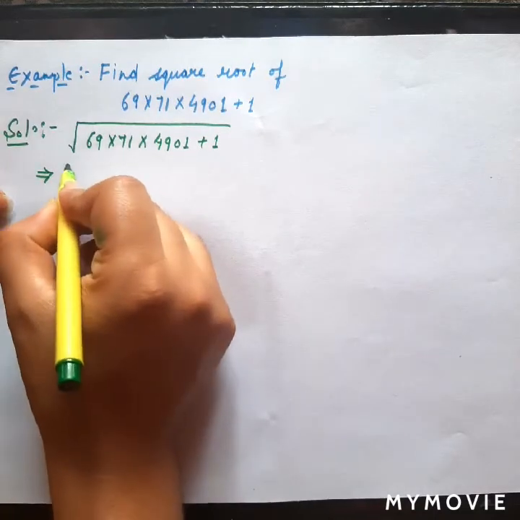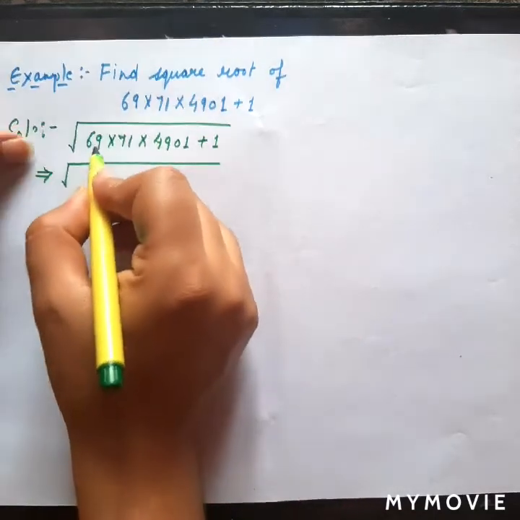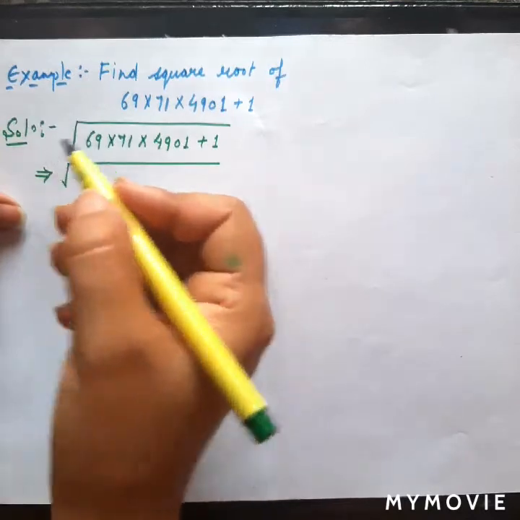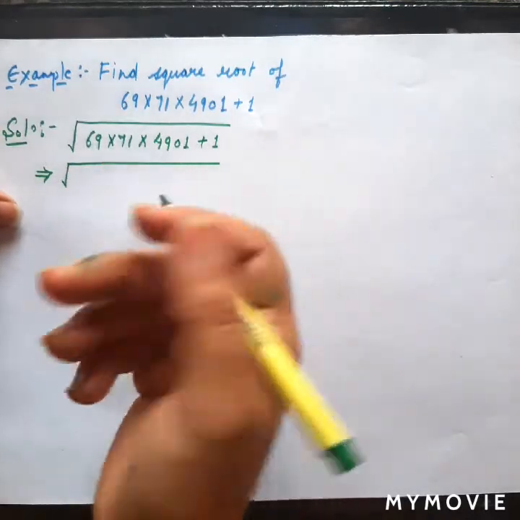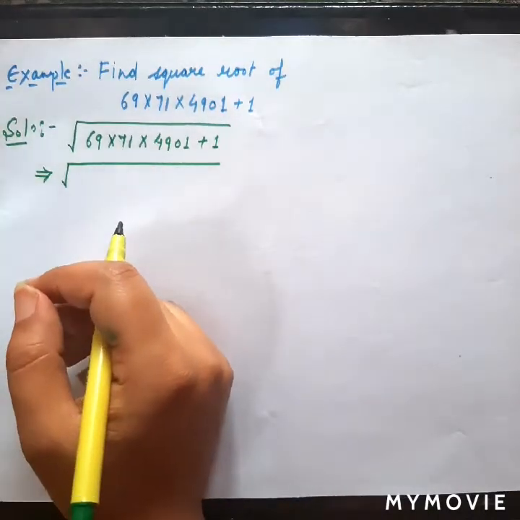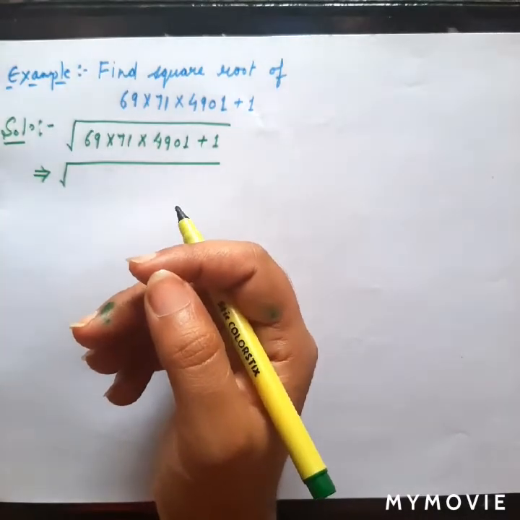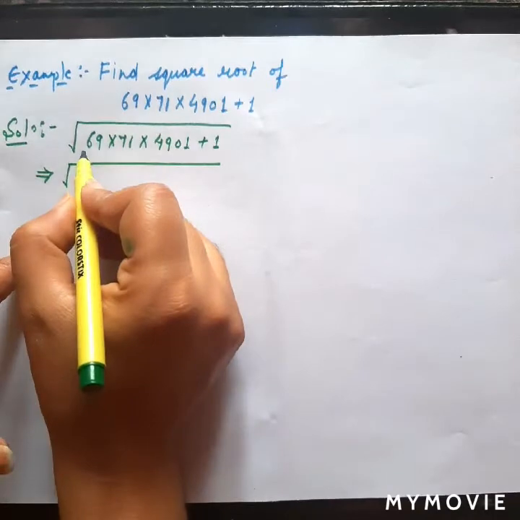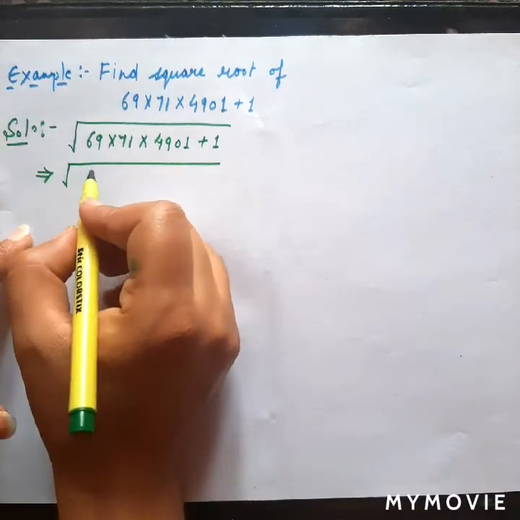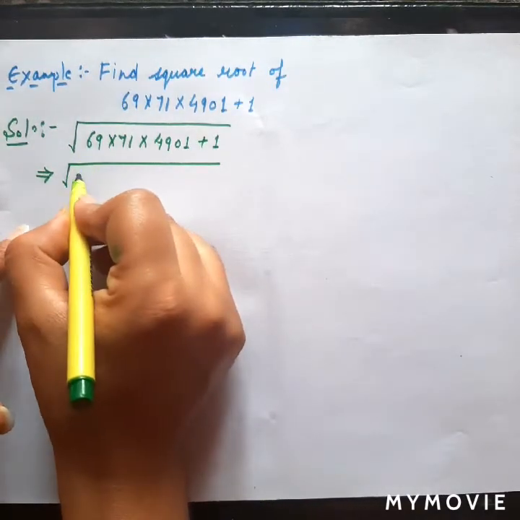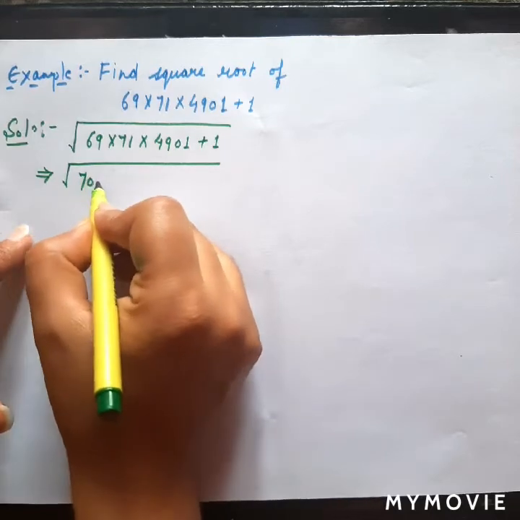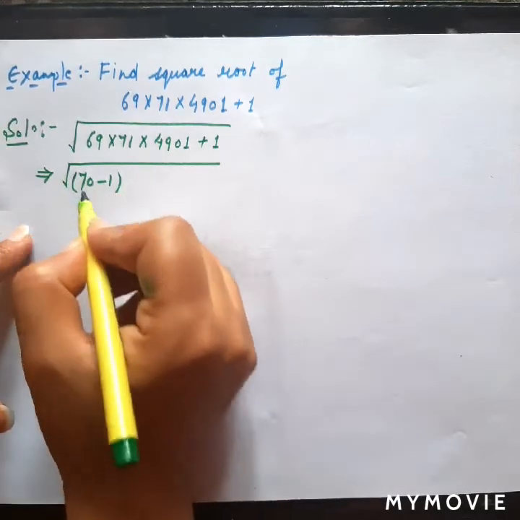Now we try to reduce this to its simplest form and write these numbers in terms of zeros. For example, the nearest easily solvable numbers are usually those with zeros on the right-hand side. The number near 69 is 70, so we can write 69 as 70 minus 1, right?